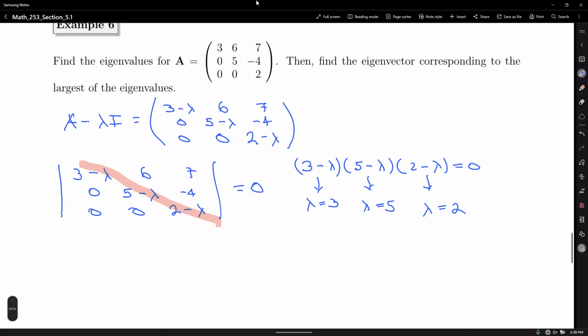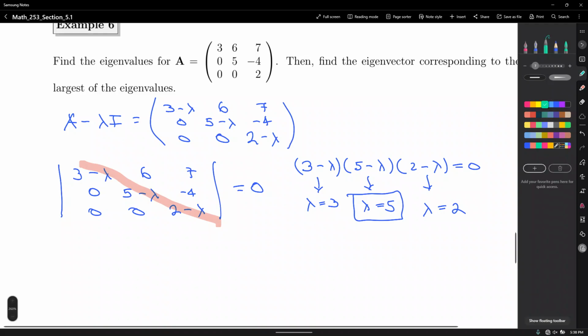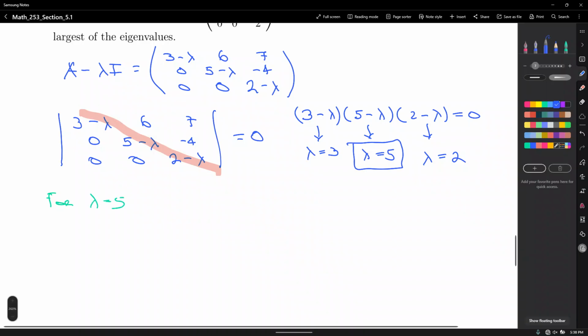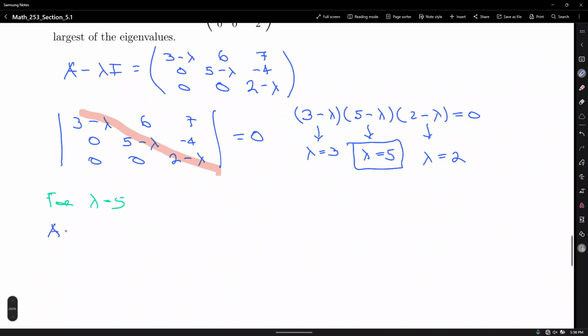So they're asking us for the eigenvector corresponding to the largest of the eigenvalues. That is for lambda equals 5. So let's go for it. For lambda equals 5, we want to solve the vector equation A minus 5I times v equals the 0 vector.